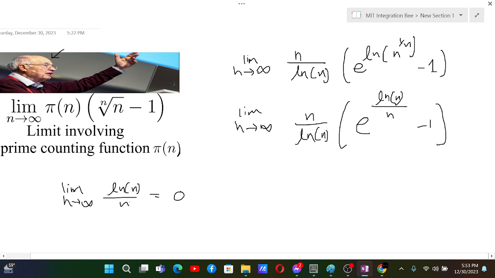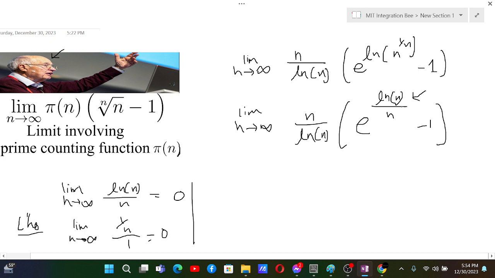And if you want the proof, you can use L'Hopital's rule. The derivative of ln n is 1 by n, and the derivative of n is just 1. So this is again 0. So basically, this thing over here is going to 0 at infinity.